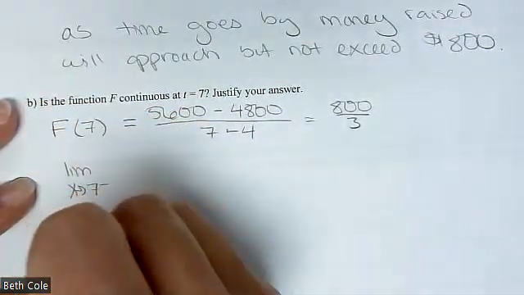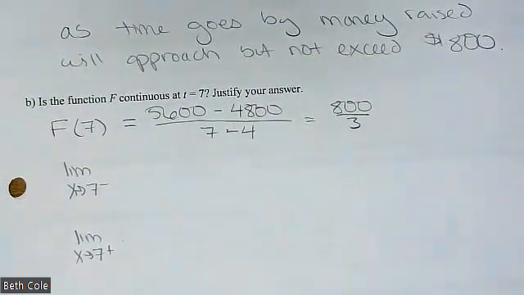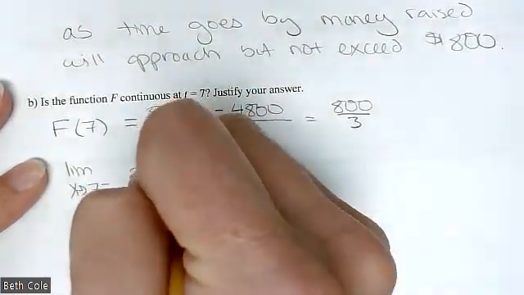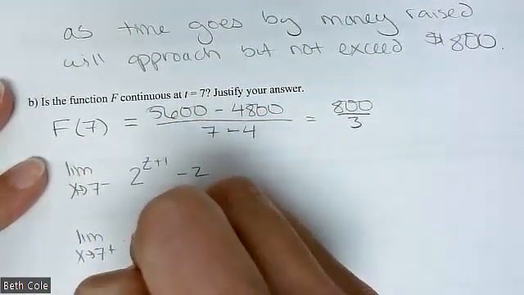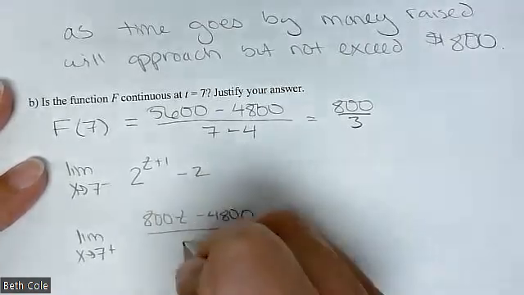Limit from the left, limit from the right. So from the left, you're going to use the first piece. And from the right, you're going to use the ugly one. Like how you guys called it the ugly one.